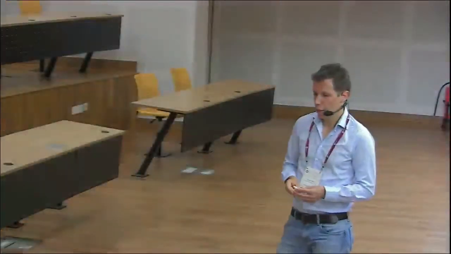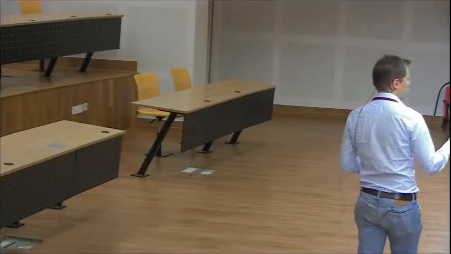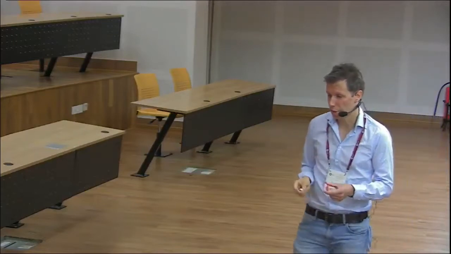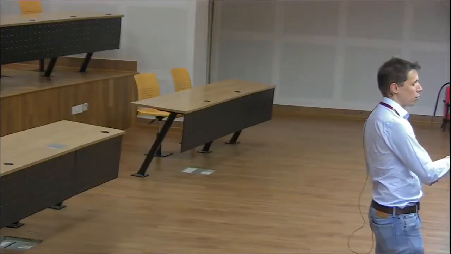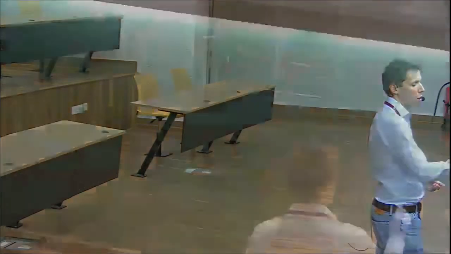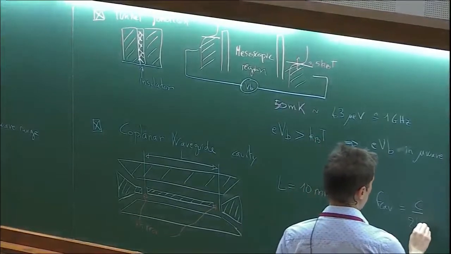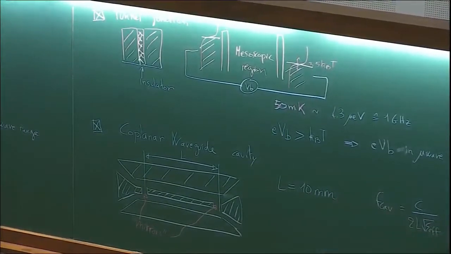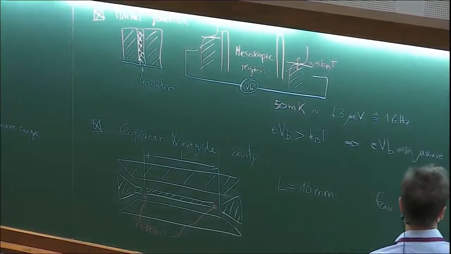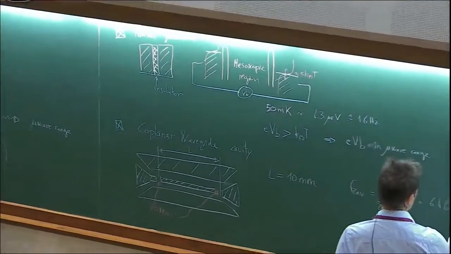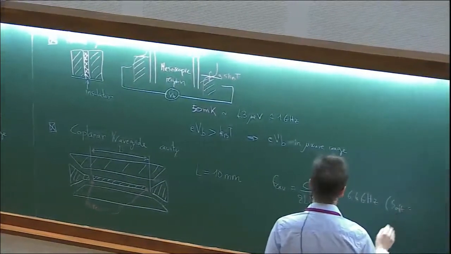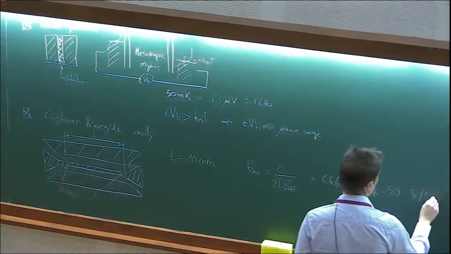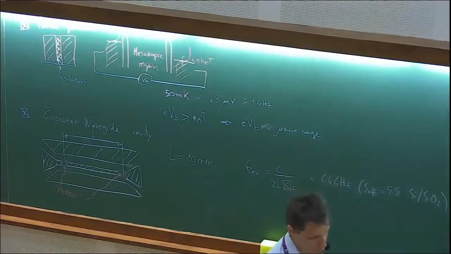And now if you take this distance, which is about 10 millimeters, so you see this is a macroscopic distance, the fundamental frequency of the cavity will be c over 2L times the square root of the effective permittivity, and this is about 6.4 gigahertz, if I take the effective epsilon for that kind of geometry of 5.5, which is what we have for our substrates of silicon dioxide.